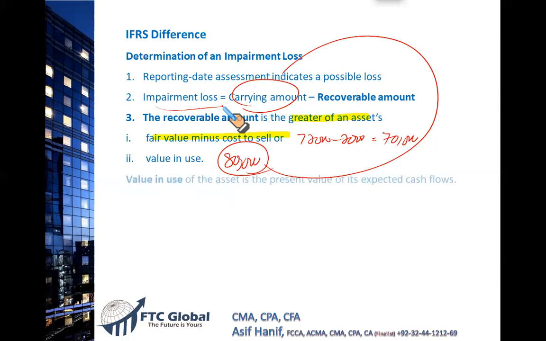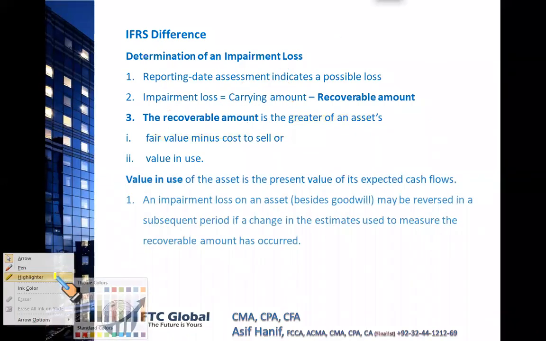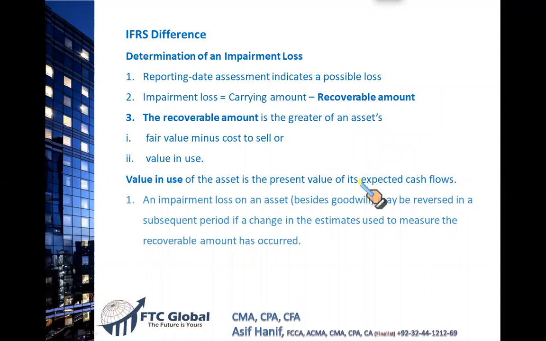Some important points to be noted, specifically related to IFRS. Impairment loss under the IFRS may be reversed in a subsequent period if a change has occurred and you can now bring the asset back to its original value.